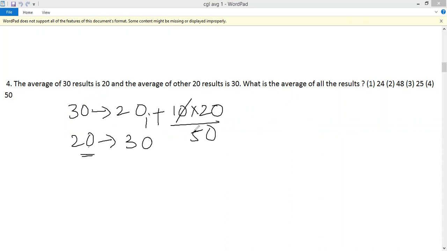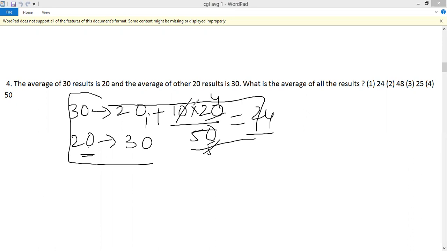So we get 24. Like this. Do this method. For some problems, it is very convenient. Here, the numbers are nice numbers, so you can directly multiply and divide. But if you get numbers like 29, 38, this method is easy, right?